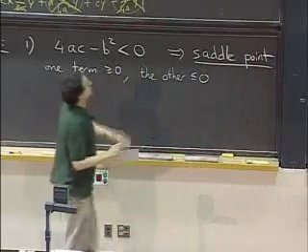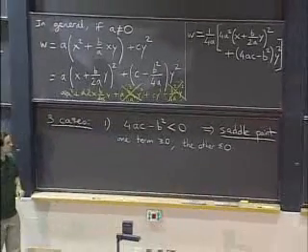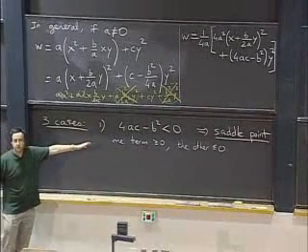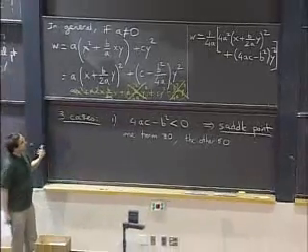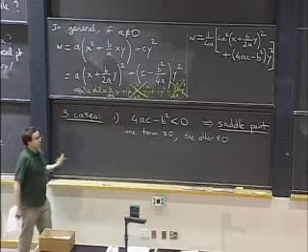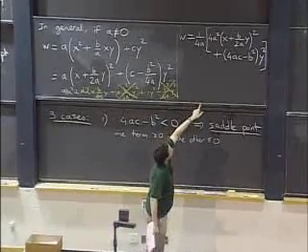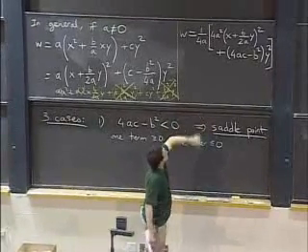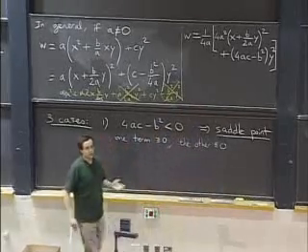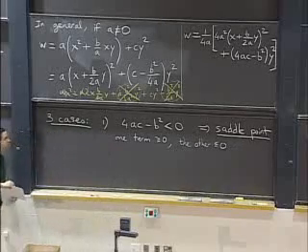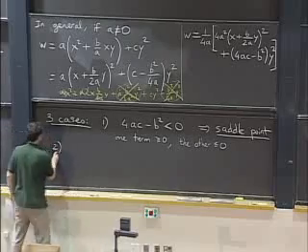We've, in fact, written our function as a difference of two squares. Is that convincing? If you want, I could change my coordinates, have new coordinates called u equals x plus b over 2a y, and v, well, I could keep y, and then it would look like a difference of squares directly. Okay, so that's the first case.